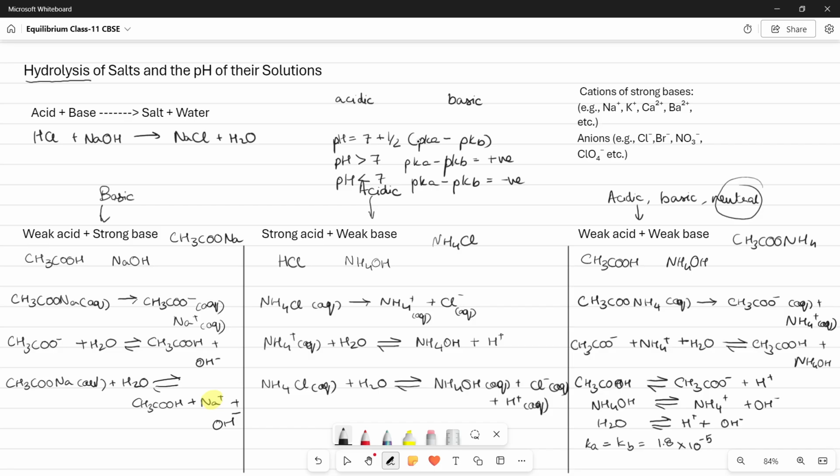The next example was a weak acid and a strong base, where the solution came out basic. Then a strong acid and a weak base gives an acidic solution. And a weak acid and a weak base, based on the strength of the acids, can be acidic, basic, or neutral. In the end, if the pH is greater than 7, pKa minus pKb is positive. If it's less than 7, pKa minus pKb is negative. I hope all of that made sense. In the next video, we are going to be discussing buffer solutions.